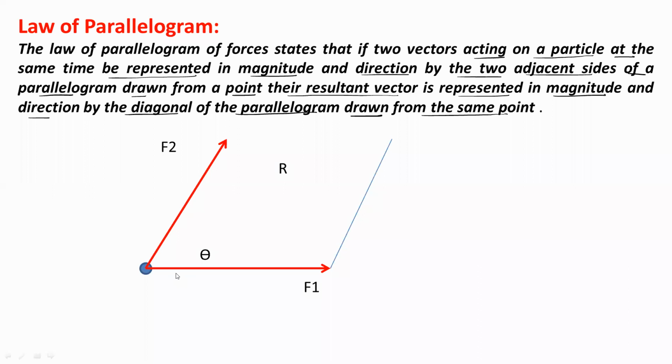Suppose we construct a parallelogram from F1 and F2 like this. This will form one parallelogram. Then the diagonal of that parallelogram will represent the resultant in magnitude and direction. So this is the meaning of the law of parallelogram.